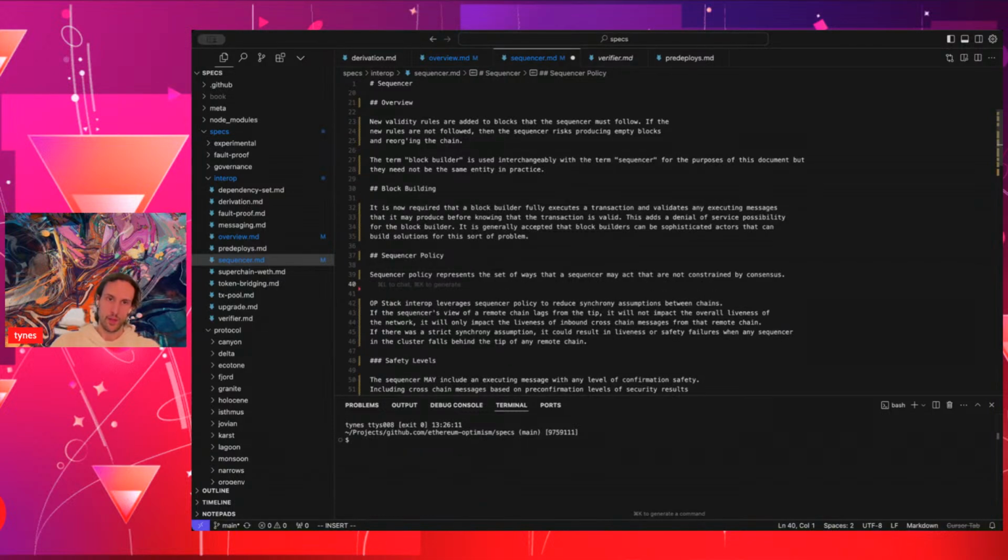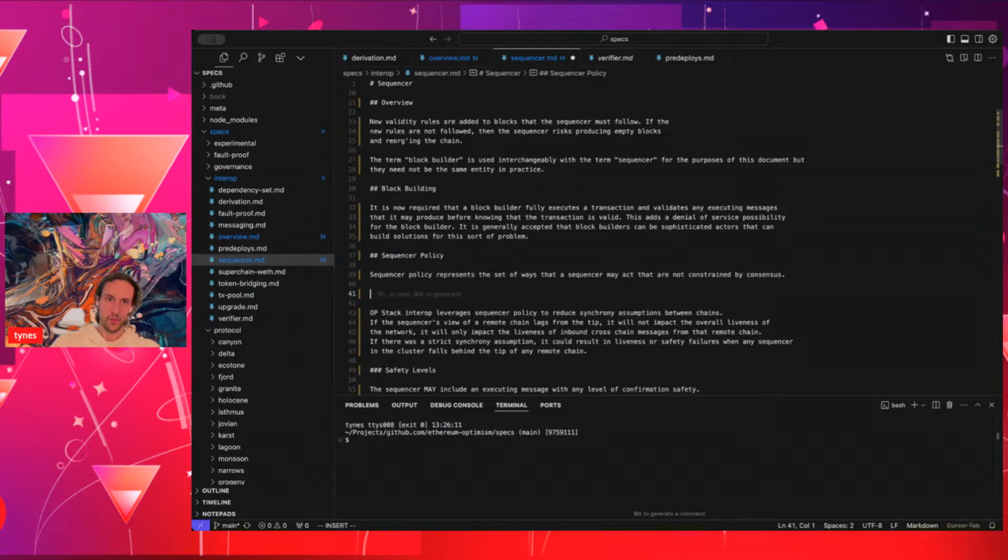I think I want to have something in here about the ordering of transactions. Ordering of transactions in a block is considered policy.